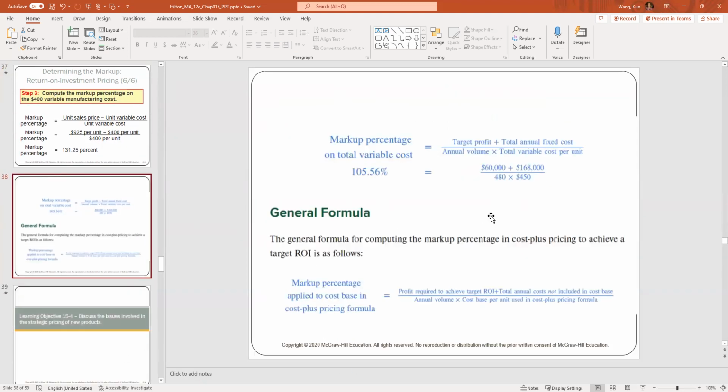And then they summarize that for different layers of your cost choice, you will end up with different markup rates.